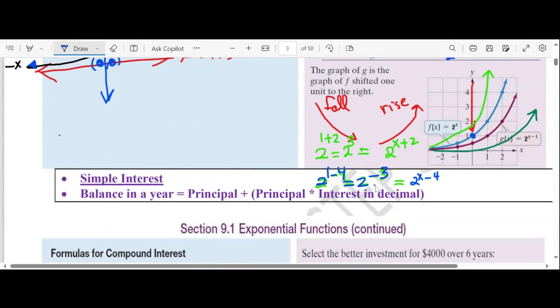How much is 2 to the power of negative 3? 1 over 8. Correct. How much is this one? 8. So 1 and 8. What about this one? It's going to be 1 and 1 over 8. So the points here are different, right? Is this clear?